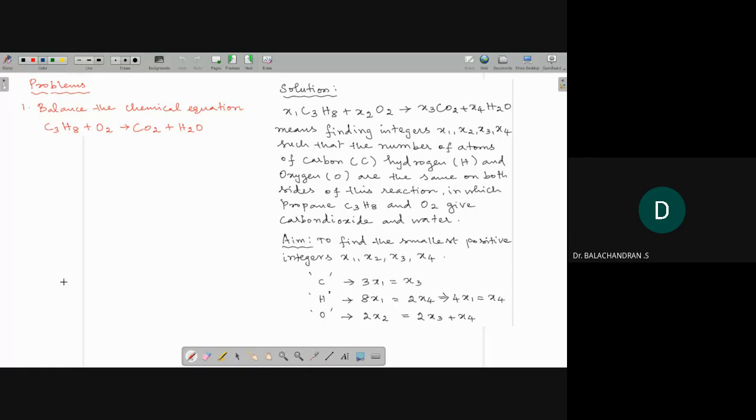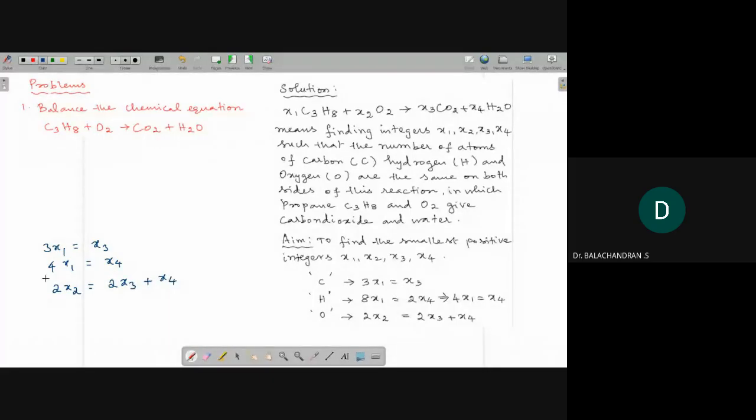The first equation is 3X1 equals X3. The second equation is 4X1 is equal to X4. The third equation is 2X2 is equal to 2X3 plus X4.